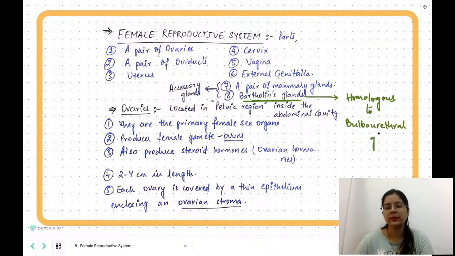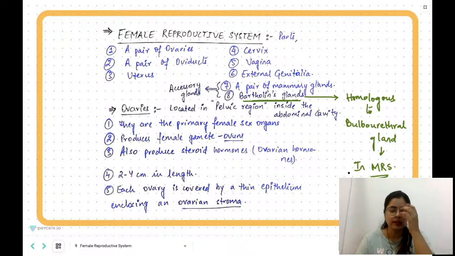Bulbourethral gland, if you remember, is found in the male reproductive system, MRS, and its function was basically to produce alkaline secretions so that semen can be formed. All right, so remember this. Sometimes this has been asked in the examination also, so this is very, very important.